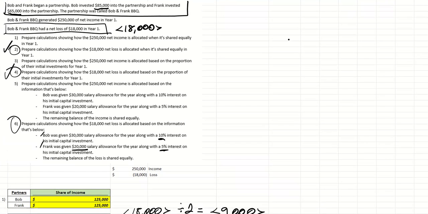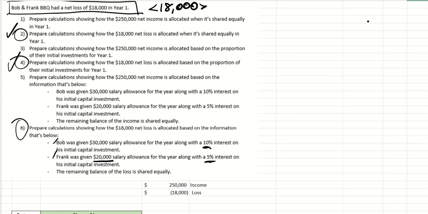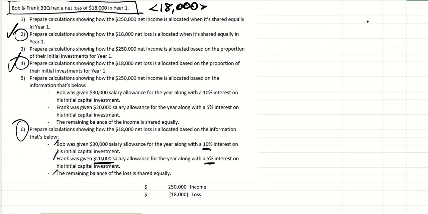Okay, so we're going back up here. Now the next thing we're going to do is, if I can zoom in, we're going to go to this last bullet point here. And now we're going to take that balance, that $79,750, and we're going to now share that balance equally amongst Bob and Frank.